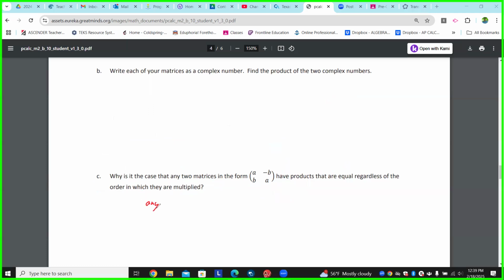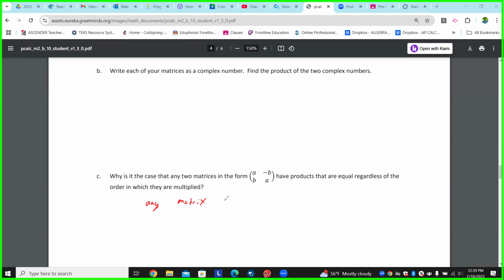So any matrix of two, yeah, both of them were the same, right? Because we got the same result. Is that 124 plus 32i?